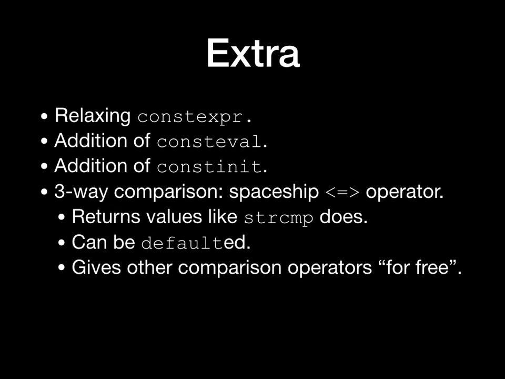Now, by default, if you have a defaulted spaceship operator, you will also get an operator equals, the comparison operator. But if you have a user-defined spaceship operator, then by default, the compiler will not give you a comparison operator because it doesn't know what you're checking in your spaceship operator.